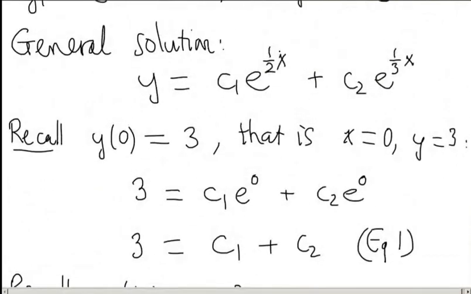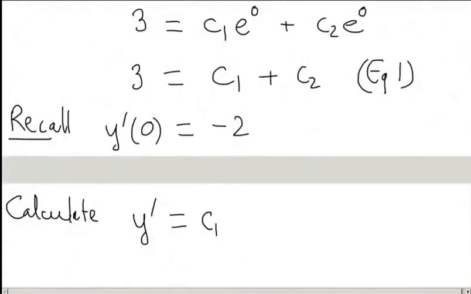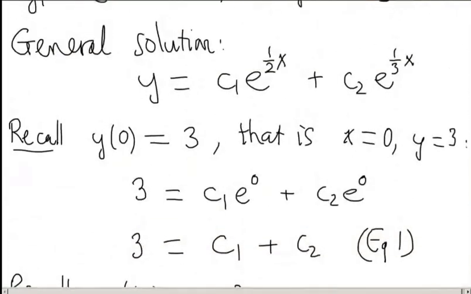Using the chain rule to compute the derivative, we have C1 e to the a half x times a half, plus C2 times e to the a third x times a third.